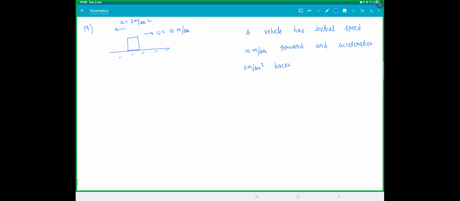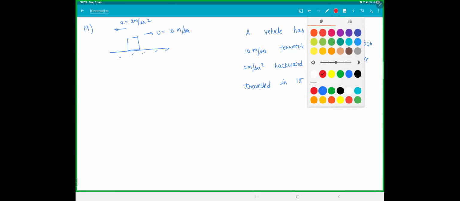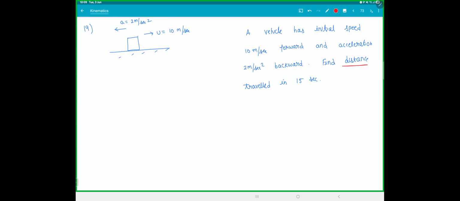Find the distance traveled in 15 seconds. Let's get this. Find the distance traveled in 15 seconds. And remember, when you hear the word distance, have some fear. Get this, you got 2 minutes.